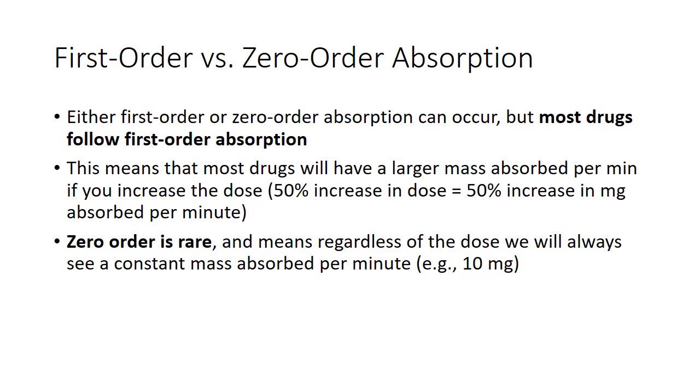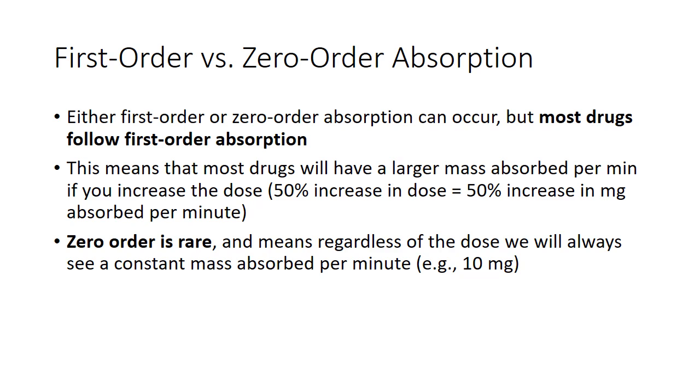So in the first hour, it's 10 milligrams. The second hour, you only have 90 left, so it would be 9 milligrams, right? The third hour would be 8.1 milligrams. So the whole point is that the mass absorbed per unit time changes, but the percent absorbed per unit time is the same, right? Just like elimination, it's the exact same thing.